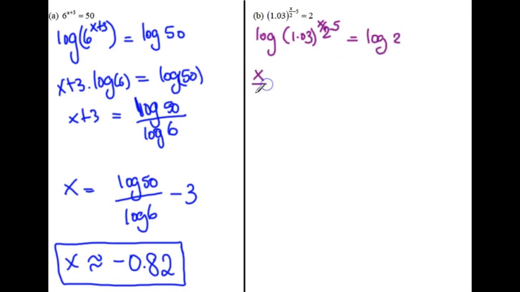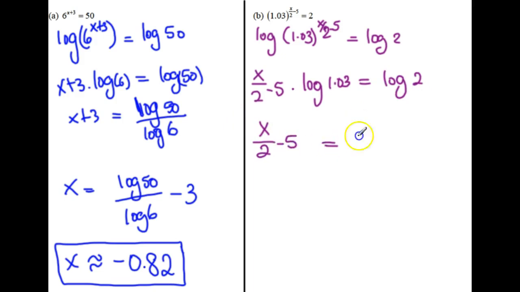Bring everything in the front, x over 2 minus 5 times the log of 1.03 is equal to the log of 2. Divide both sides by the log of 1.03.